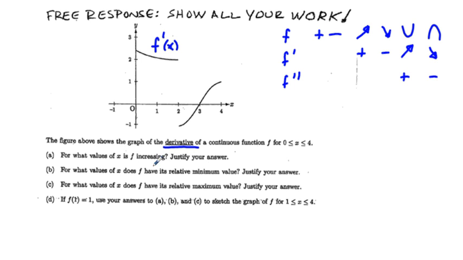And so for what values of x is f increasing? Well, this is a graph of f prime of x, and so here is our increasing on the f line, and we know that whenever f prime is greater than 0, our function is increasing.